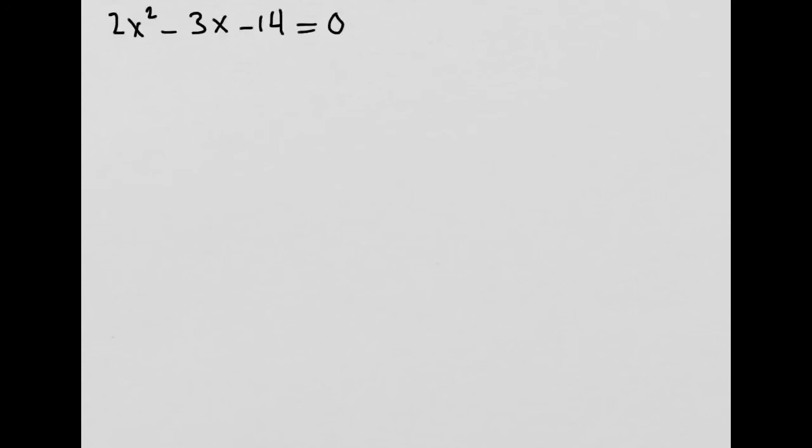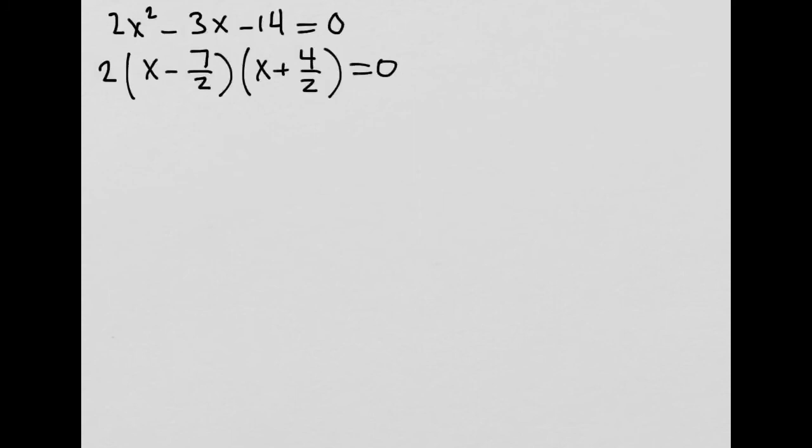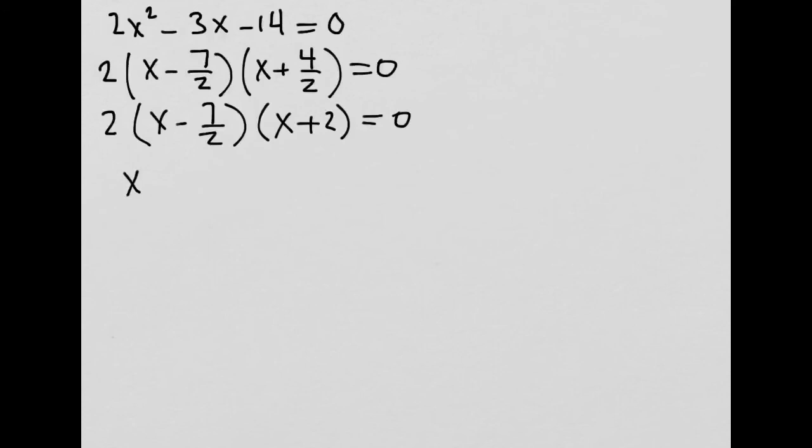With that in mind, our expression on the left factors as 2 times x minus 7 over 2, times x plus 4 over 2 equals 0. After simplifying, we get 2 times x minus 7 over 2 times x plus 2 equals 0, which means x is 7 over 2, or x equals negative 2.